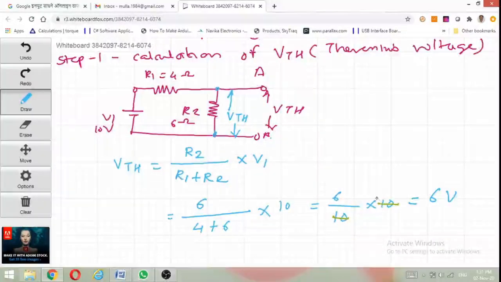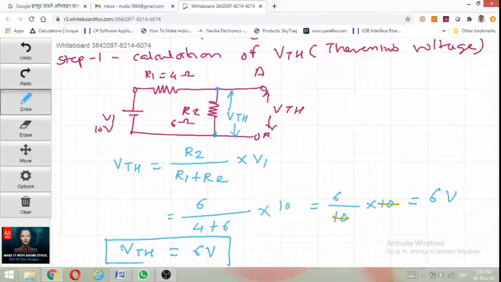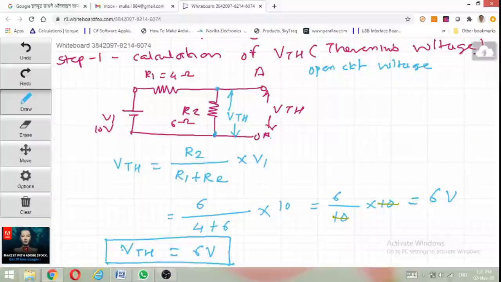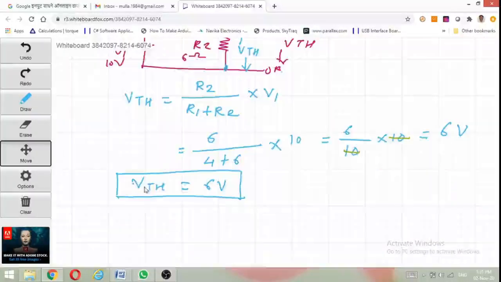That means VTH is equal to 6 volt. VTH is the open circuit voltage.